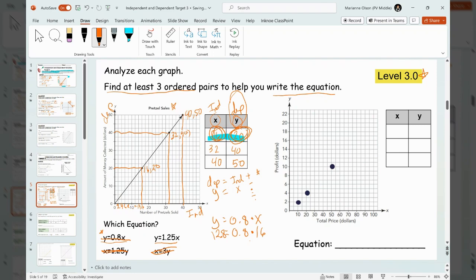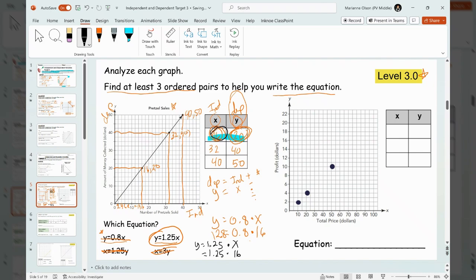So right now, our correct equation is this, our only one left. Let's prove it. I should have laid this out better: y equals 1.25x. And again, that means times x, so I'm going to put a dot there, though if you don't need to, that's fine. And what number am I going to substitute in? Again, I'm going to do that 16 for x, 1.25 times 16.